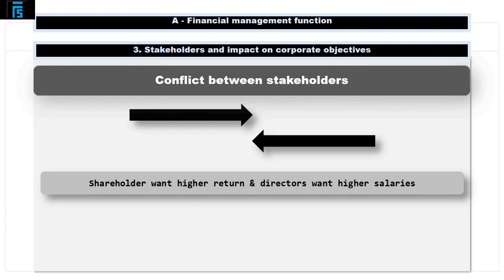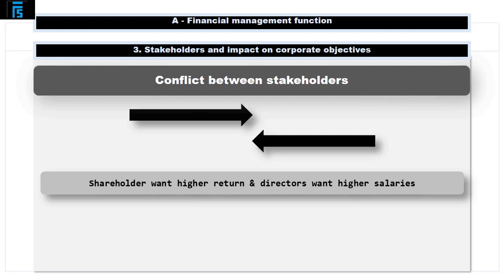We will look at this conflict in the next slide. The organization wants to maximize its profits, and salaries are expenses that eat into these profits. Another conflict would arise between staff and the organization.